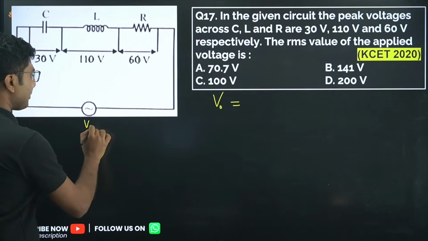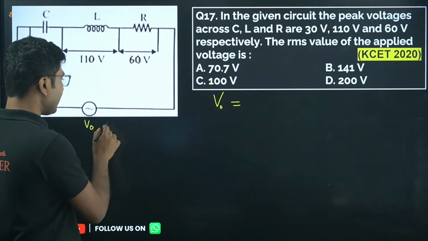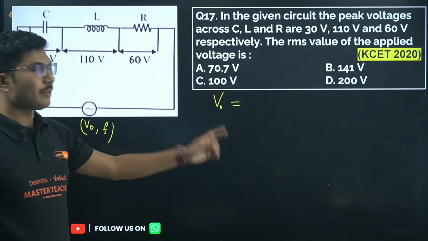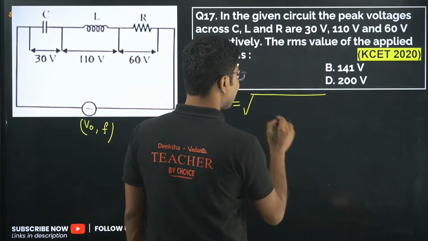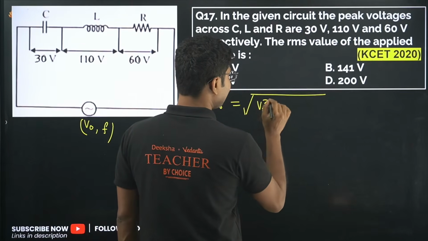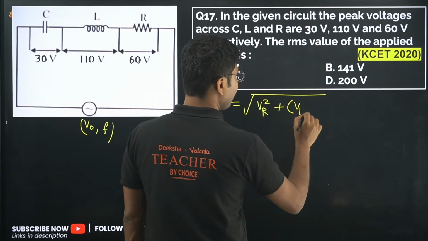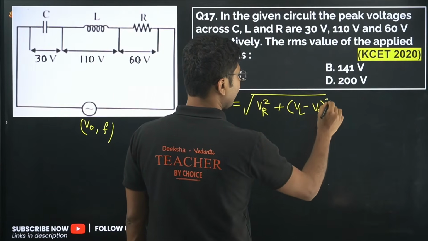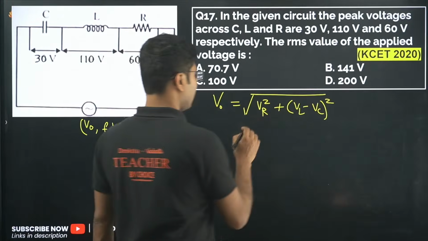A voltage has some maximum value and some frequency, right? That is how a source is defined. So first we calculate the maximum voltage. How to calculate it? It is exactly the same as the impedance formula, only instead of resistance etc. we will use voltages. So V_R squared plus (V_L minus V_C) whole squared, exactly the same as the impedance formula.